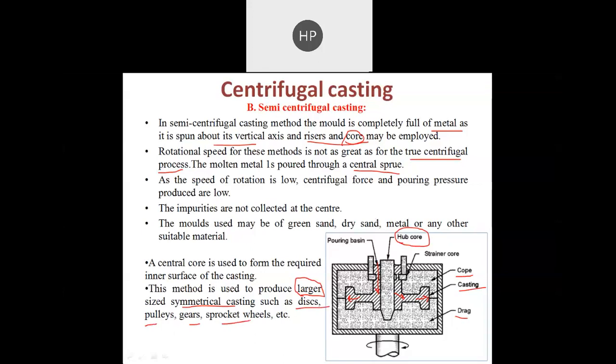So in true centrifugal casting, we can make a product which is hollow and symmetrical. In semi-centrifugal casting, we can make large products with a symmetrical shape.